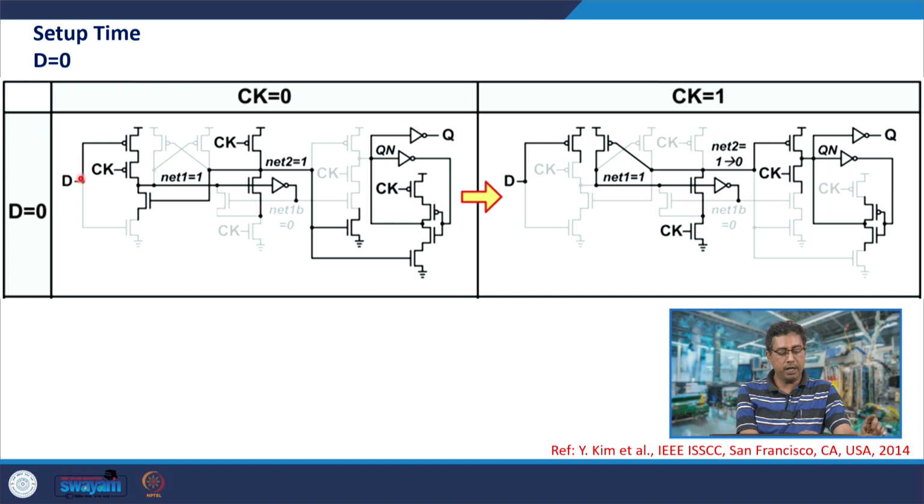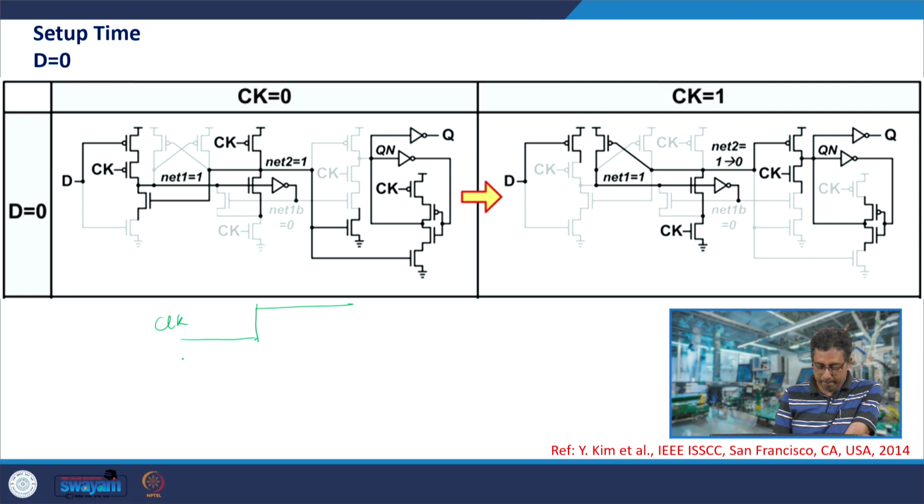So suppose this data D turns to 0 just before the clock turns high, and the offset between data D and clock turning high is not sufficient. In that case, if this is the clock turning high and data D turns to 0 very close to the clock edge, then net 1 would not sufficiently turn high.